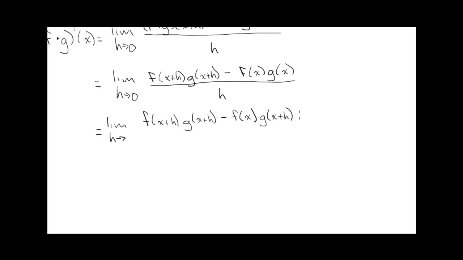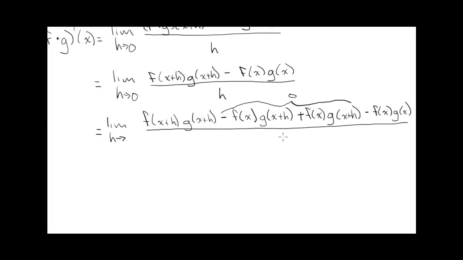minus f(x)g(x+h), and then plus f(x)g(x+h). Okay, so notice that this right here, with the negative, is really equal to 0. So it's okay for me to just put that in the middle because it's equal to 0.